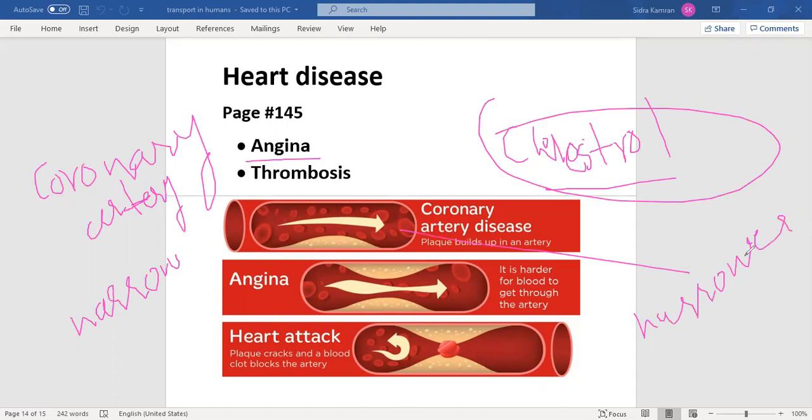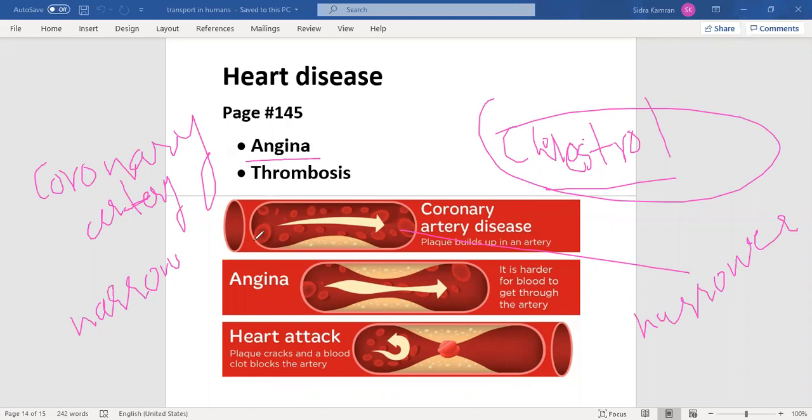Due to the narrow arteries, blood finds difficulty to pass or to travel. So due to the cholesterol, the artery becomes more narrow and the blood flow slows down. The blood moves slowly.